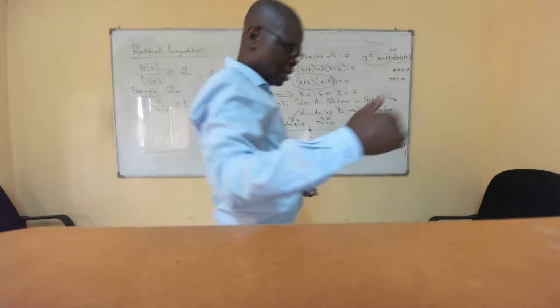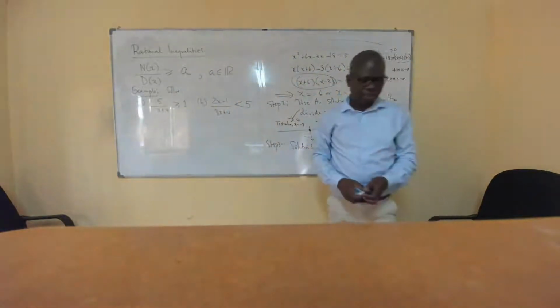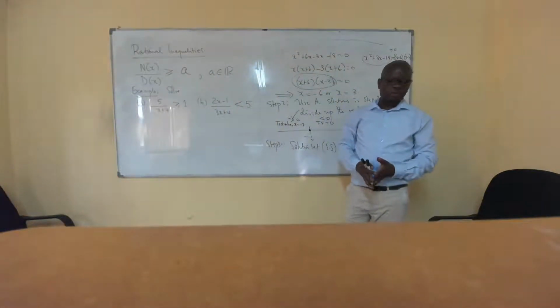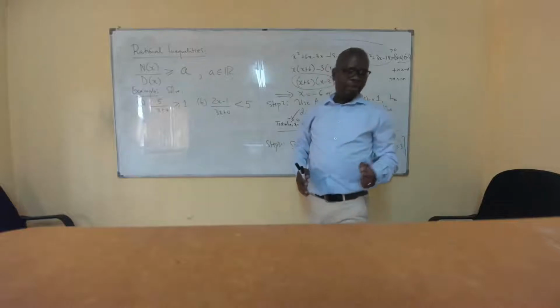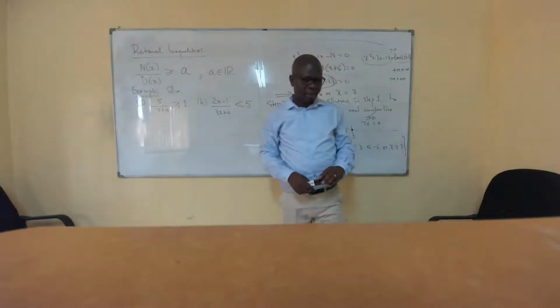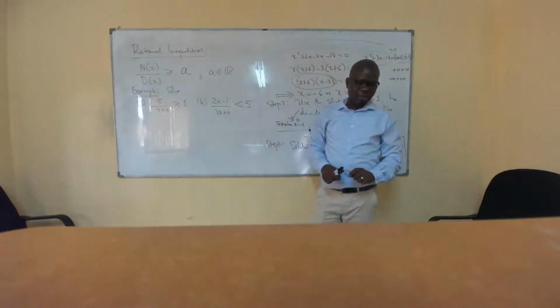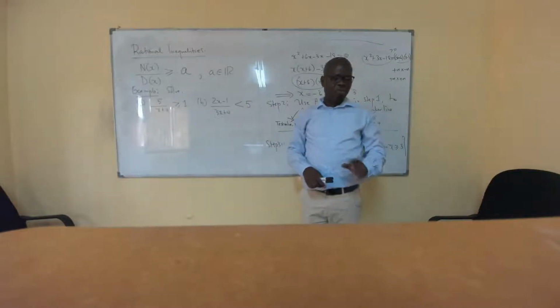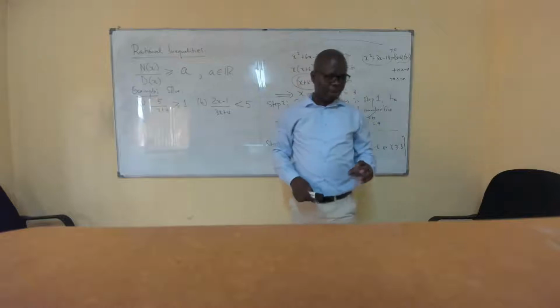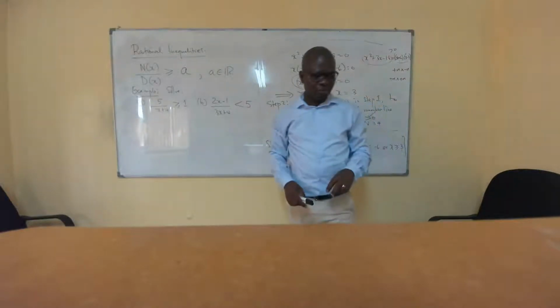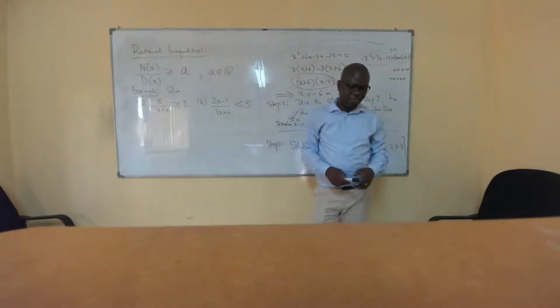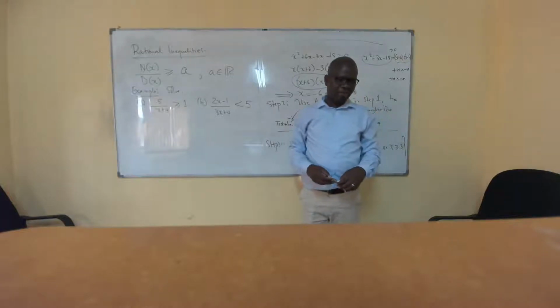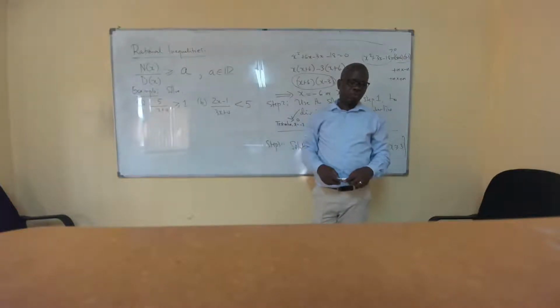In the notes, I've outlined the steps that should be followed. Step 1: rewrite the inequality if necessary so that 0 is on one side and there is a simple fraction on the other side. Step 2: determine the values that will cause either the numerator or denominator of a rational expression to equal 0.